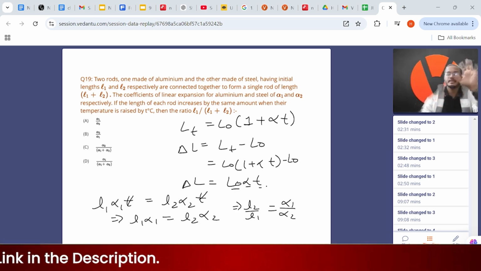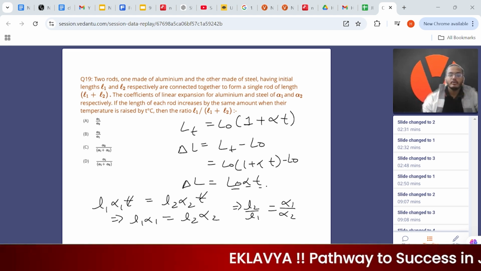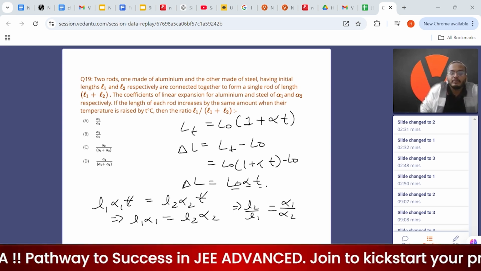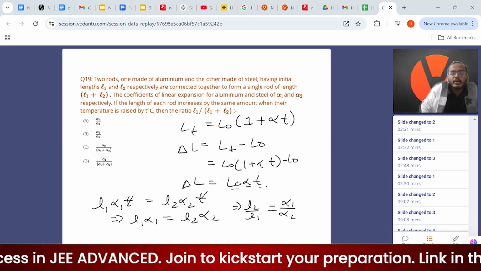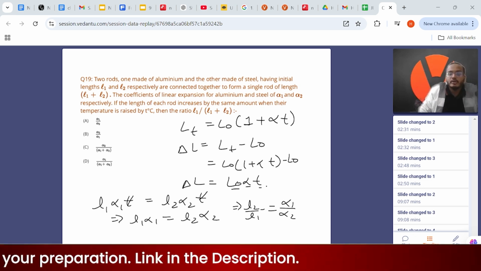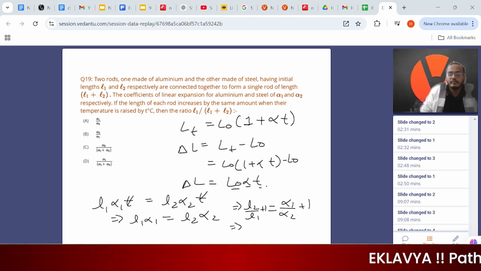See, physics is done till here. After that, you need to apply mathematics. Now, you have calculated L1 and L2, and you need to calculate L1 upon L1 plus L2. What I will do is just add plus 1 to both the sides.